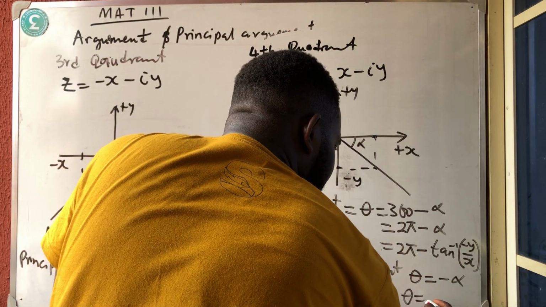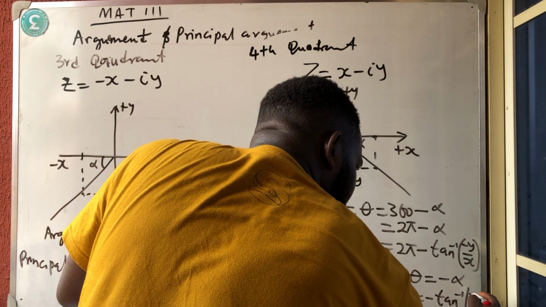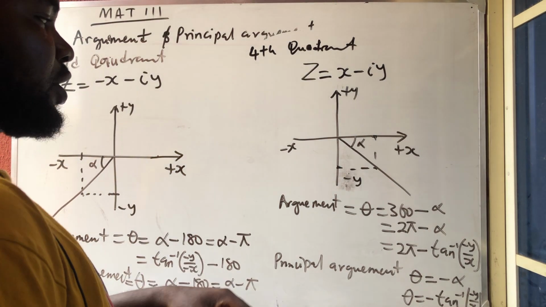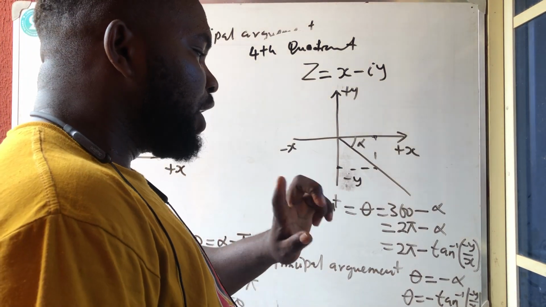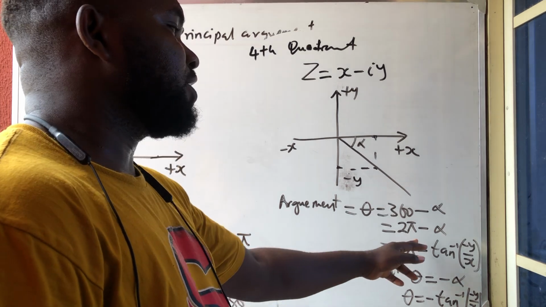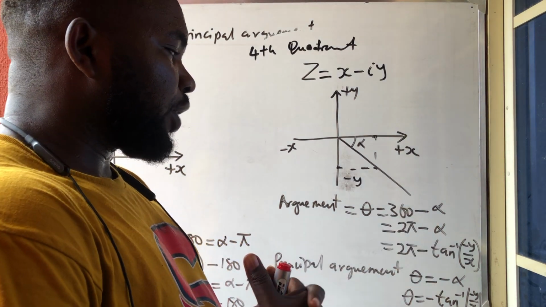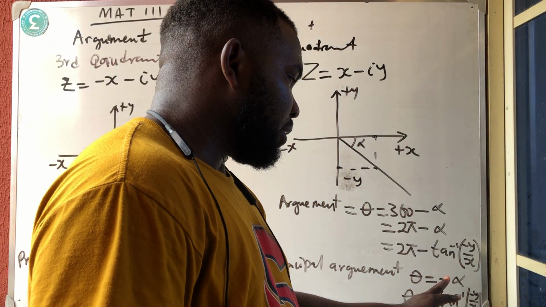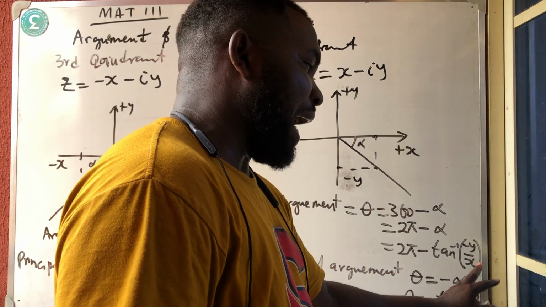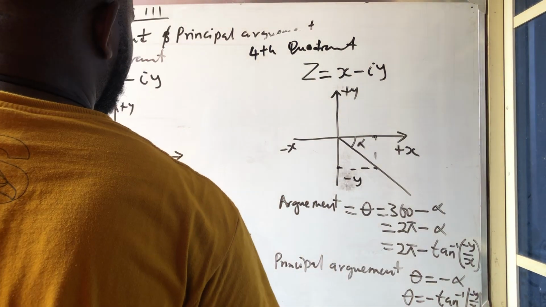So theta here is simply minus the tan inverse of the absolute value of minus y over x. Please, very, very important. For the principal argument on the fourth quadrant, we don't do 360 minus. We just take the negative of alpha. But don't forget that alpha is the tan inverse of the absolute value. This negative is because of what I'm having here. Please don't forget that absolute value. That is for principal argument.